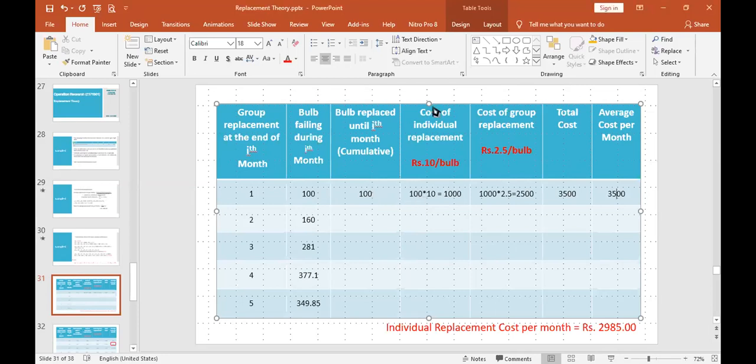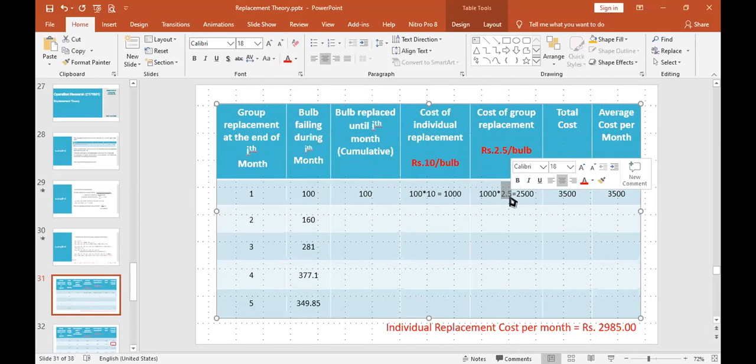Now, since we are buying 1000 bulbs at the beginning of the first month, the cost is 2500. Why? Because the 1000 new bulbs are bought in bulk, so we face only 2.5 rupees per bulb.